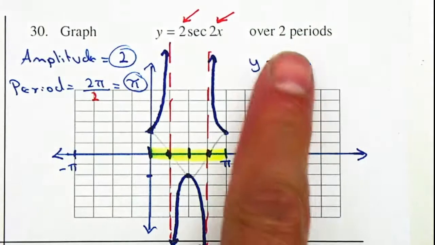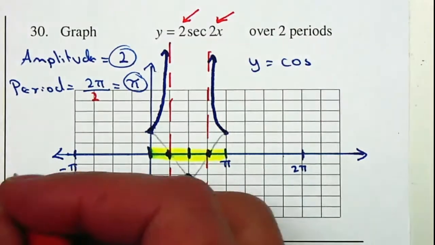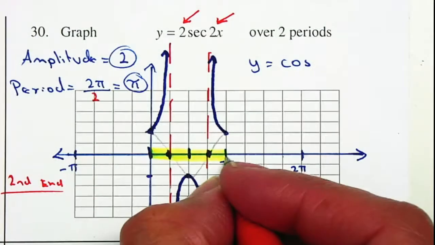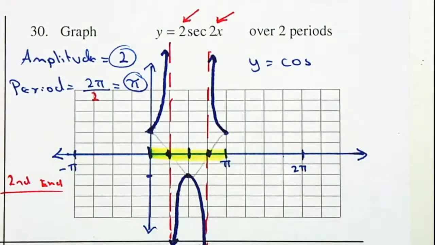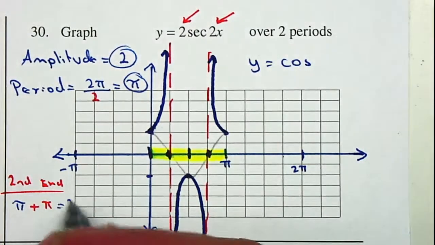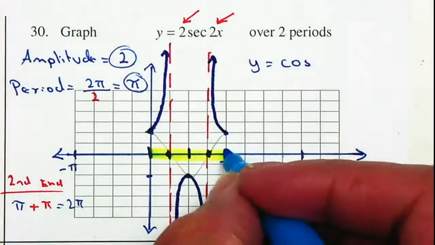Now they ask you to do 2 periods. So let's go and find our second n. If this is pi, that's where we ended. We are going to add our period, which is plus pi. That'll be 2 pi. So therefore, once we do another period, we'll take 1, 2, 3, 4.